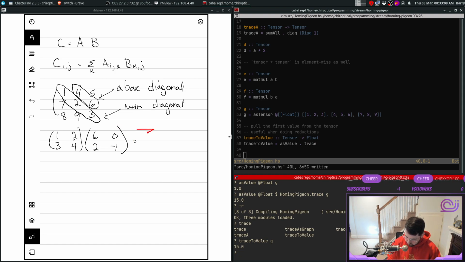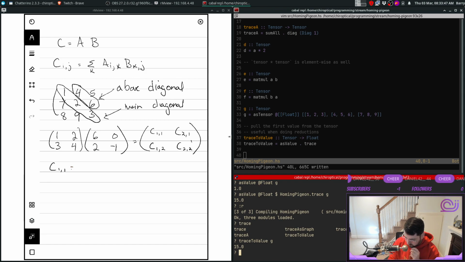Okay, so this is going to equal what we'll call C1,1, C2,1, C1,2, C2,2. So C1,1 is going to be the sum of this row multiplied with this column.